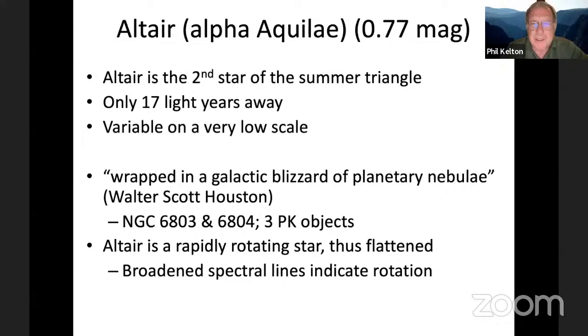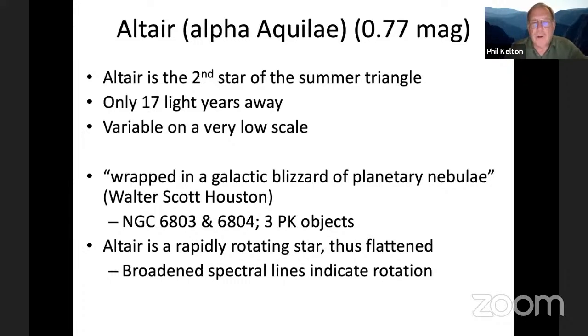One of the interesting things I found out is those of us of a certain age probably remember Walter Scott Houston's great articles for many decades in Sky and Telescope. He said it was wrapped in a galactic blizzard of planetary nebulae. What that means is the density of planetary nebulae in this region is fairly high. And that, of course, is not surprising since it's in the Milky Way where the star density is high.